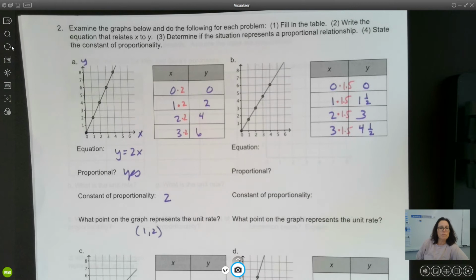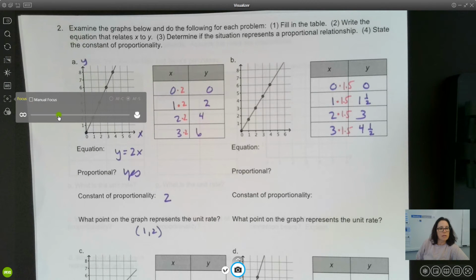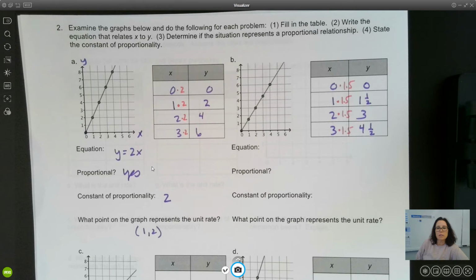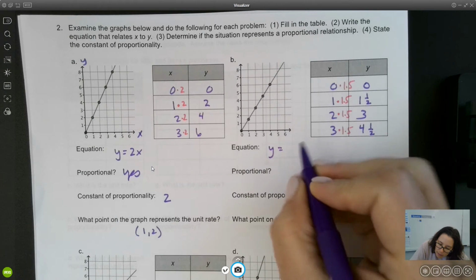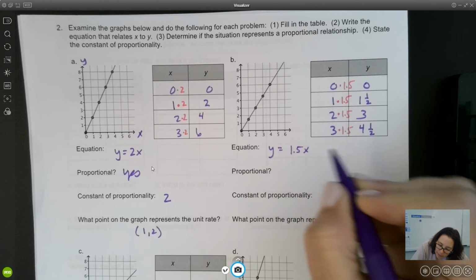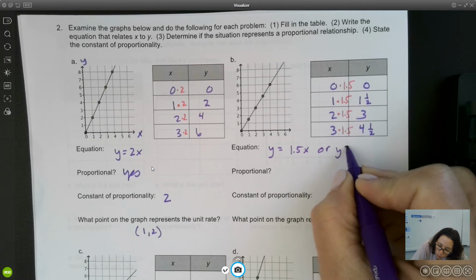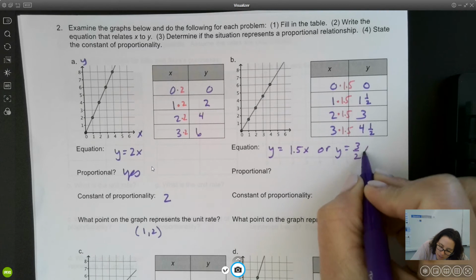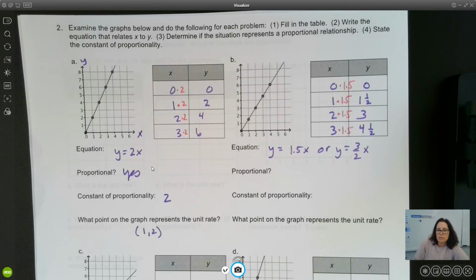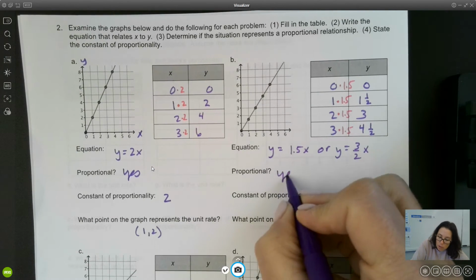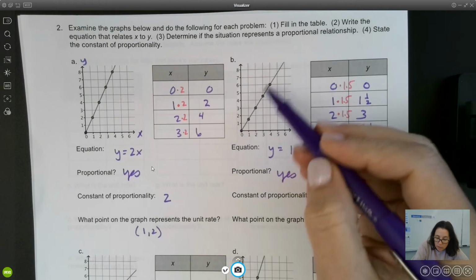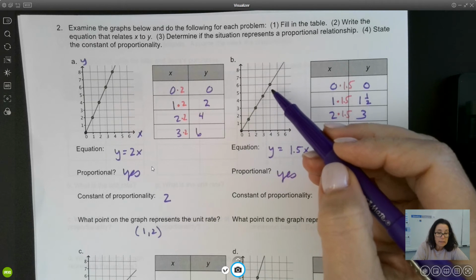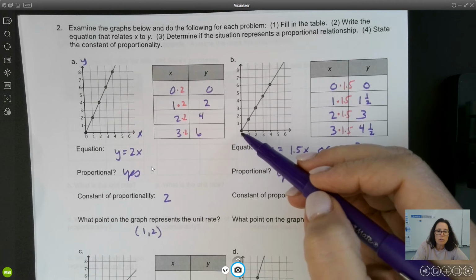Let's see if this gets a little clearer. It looks a little fuzzy to me. It's a little better. All right, so this is going to be y equals 1.5x. I'm going to put or y equals 3 halves x. Those are the same thing. Okay. Yes, it's proportional because that pink number is the same throughout. And also we can look at it that it's a straight line linear into the origin.